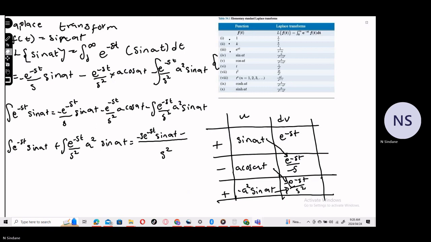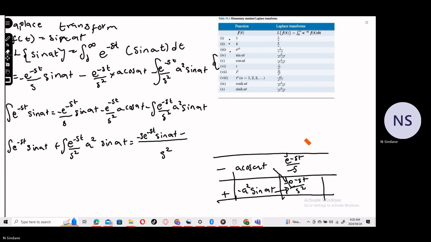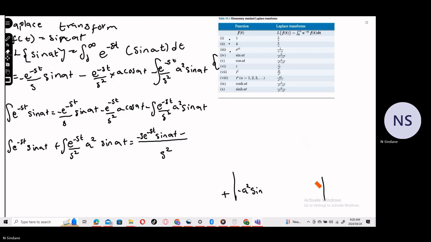This will give me negative e to the power minus st a cos of at. Right?